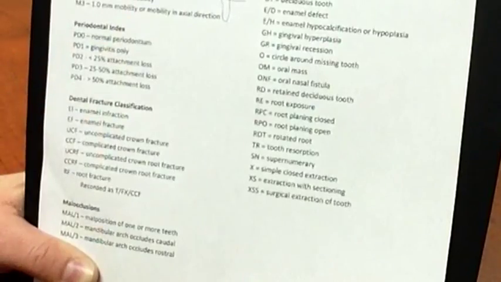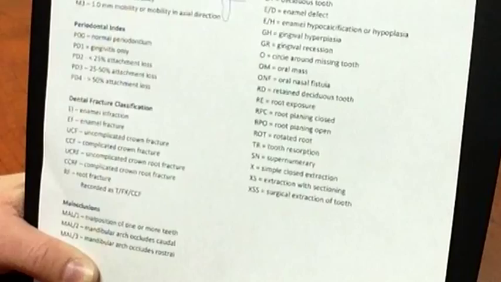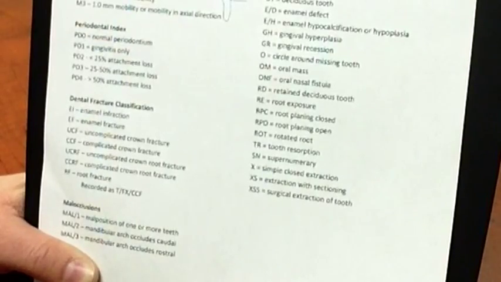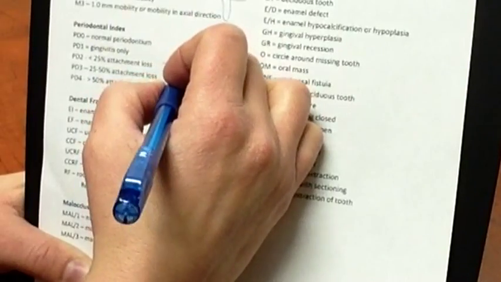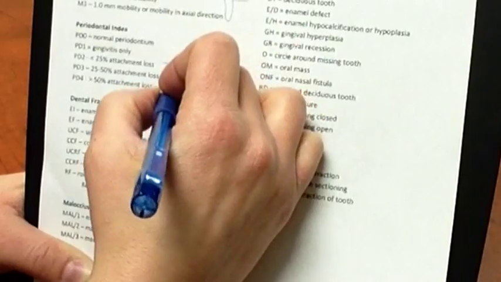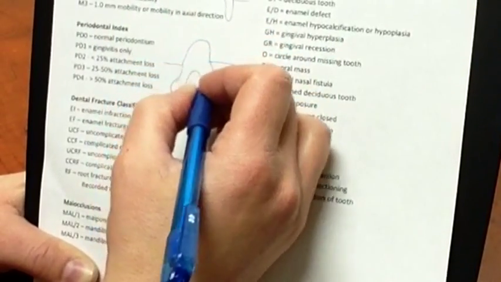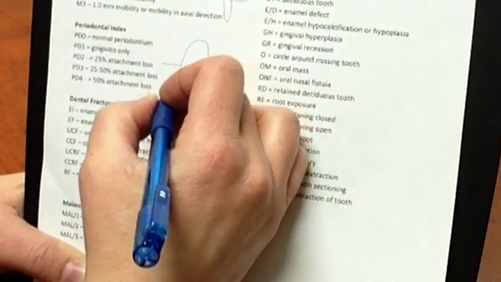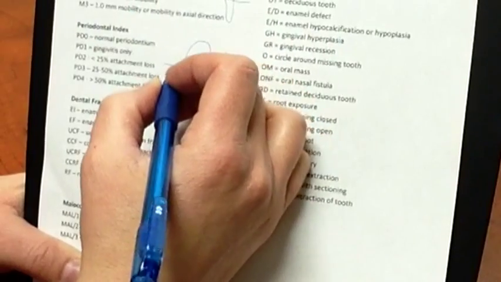Next we come to our periodontal indexes. These indexes are used by the veterinarian after radiographs have been taken. What we're looking for there is the amount of attachment loss for a tooth. So here, again, crown, root, and all our periodontal structures that hold the tooth into the surrounding bone.